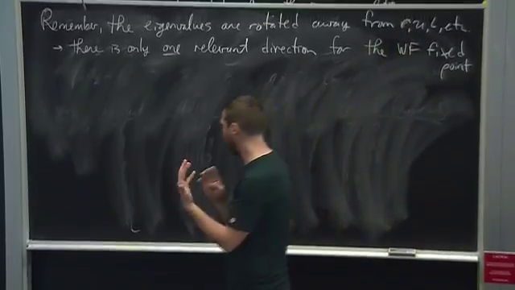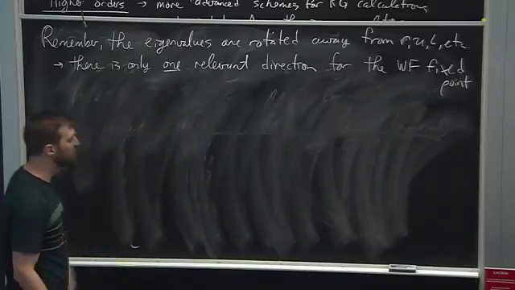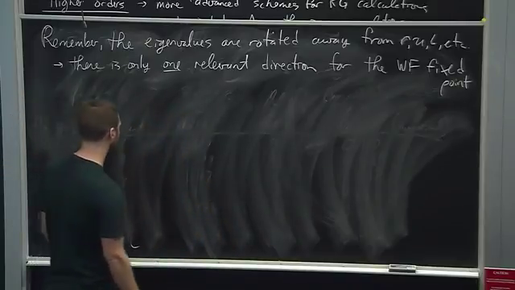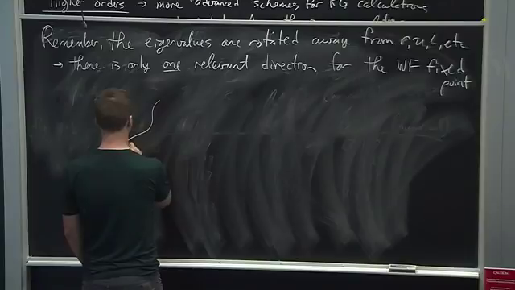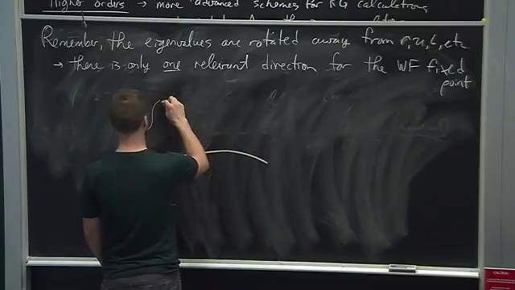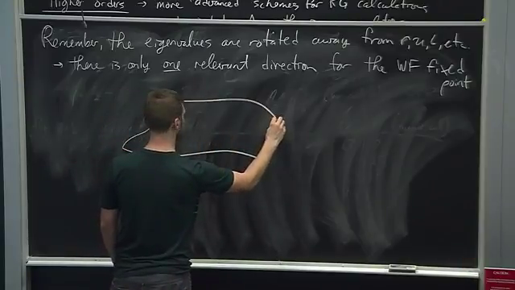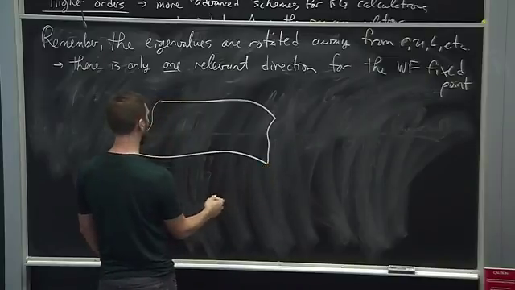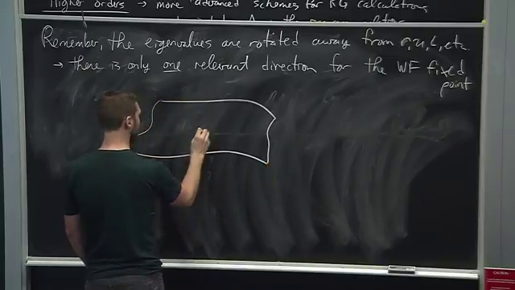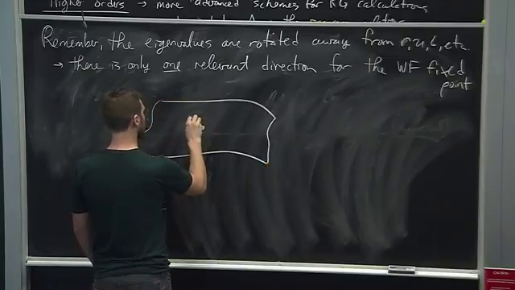So we had this RG flow, but now we're in this higher dimensional parameter space. That's all those other dimensions. Here's your Wilson-Fisher.